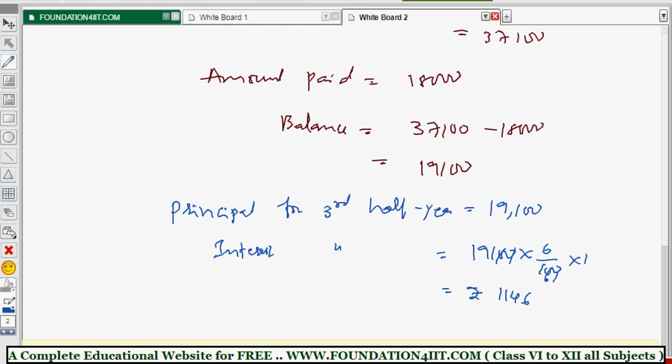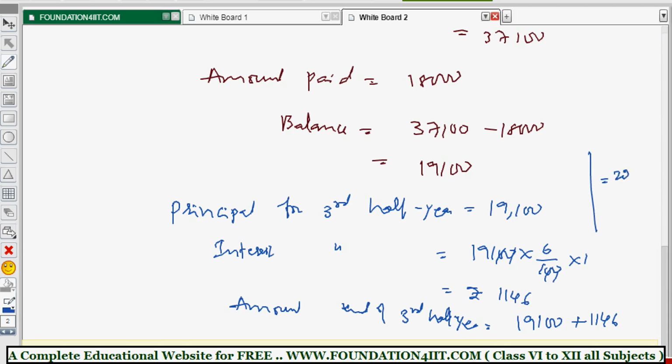Amount at the end of the third half year is equal to 19,100 plus 1146, which is 20,246. Yes, so hence the third payment to clear the loan is 20,246.